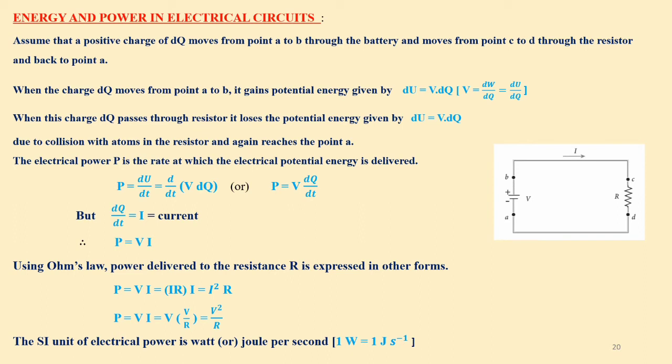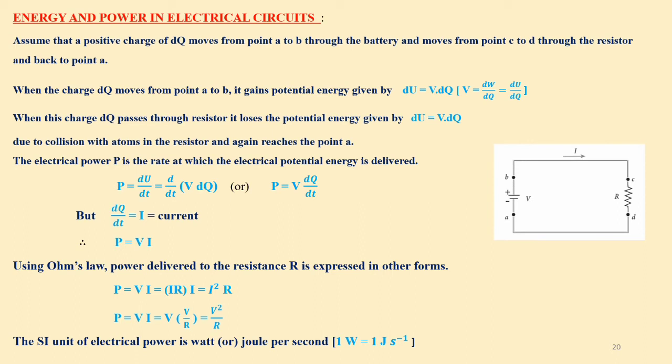Okay, now let us explain the topic. Assume that a positive charge of dq moves from the point A to B through the battery and moves from point C to D through the resistor R and back to the point A itself.